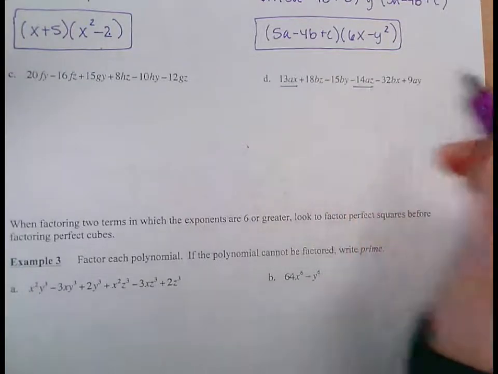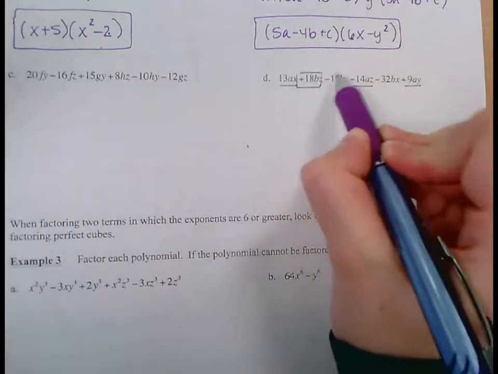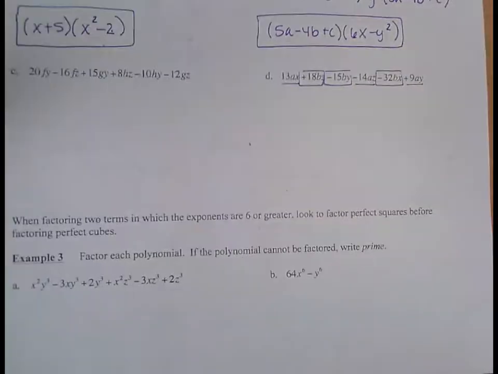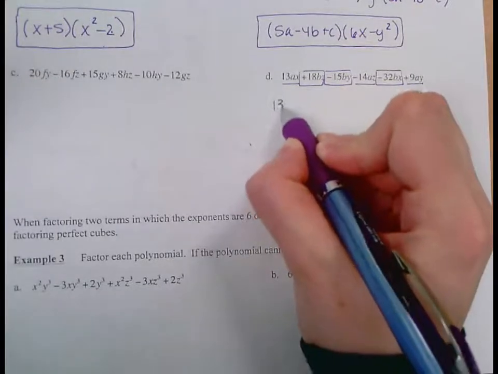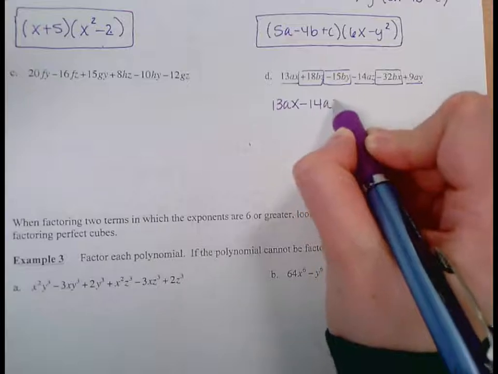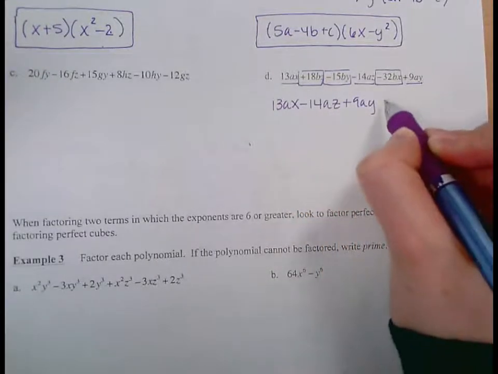So I see 13AX minus 14AZ plus 9AY. Those 3 have an A. And then I'll box the other ones. They all have a B. So I'm just going to rewrite this so all of my A terms are written first, all of my B terms are written last. So 13AX minus 14AZ plus 9AY.